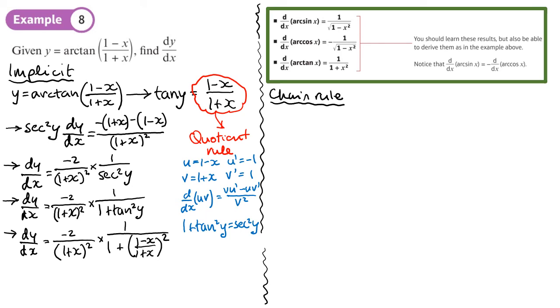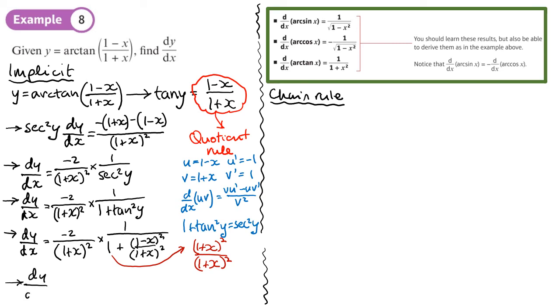Now what we're going to do is write this 1 as, let's do it over here, (1 plus x) all squared over (1 plus x) all squared. That will enable me to put these two together, because effectively what I've got here, if I take these brackets out, is 1 plus (1 minus x) squared over (1 plus x) squared, and I want to put them together.